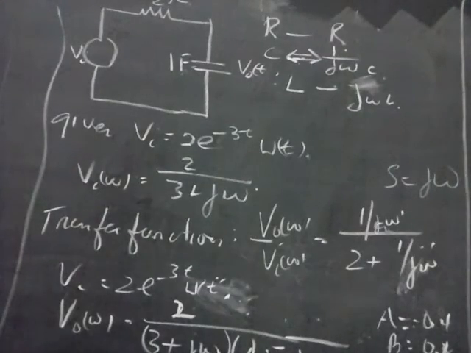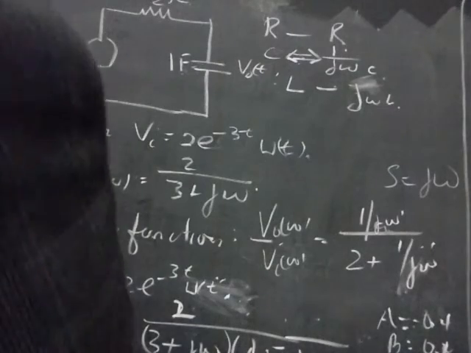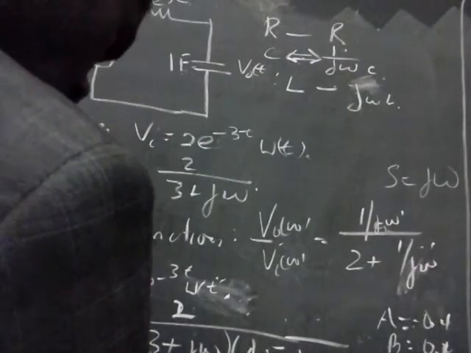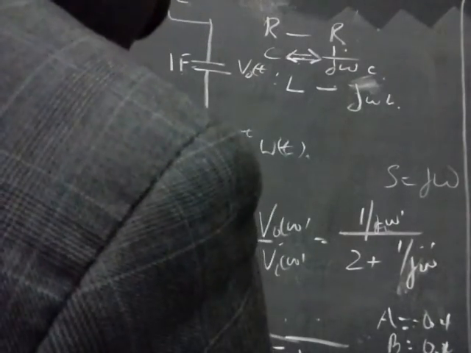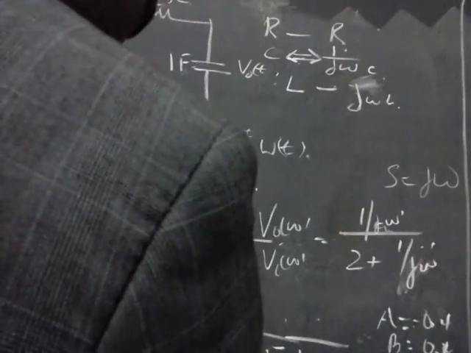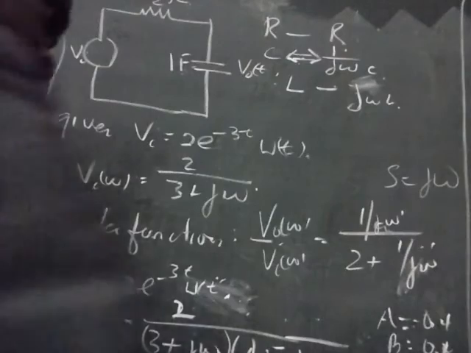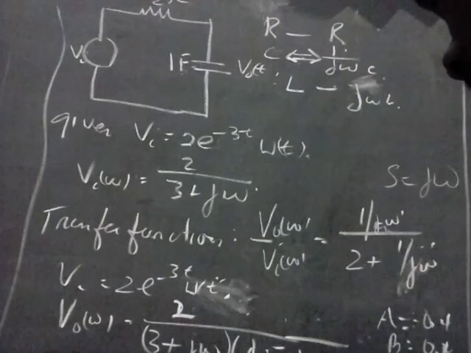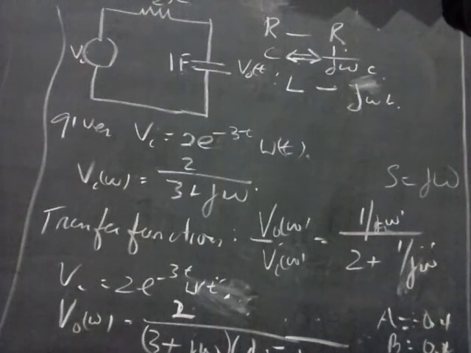So we go from these steps back into the time domain, and we get 0.4 as the coefficient, e to the minus 3t for this one, and e to the minus 0.5t for this one. You have to know how to handle the signs, because we got that one was negative and one was positive. But always, this is the coefficient of the exponential in the time domain, and this is the index itself, usually a minus.